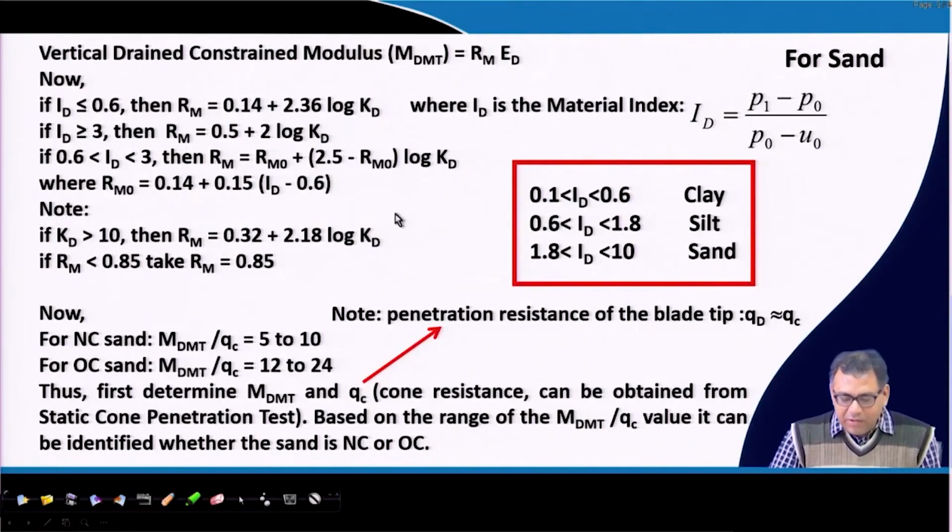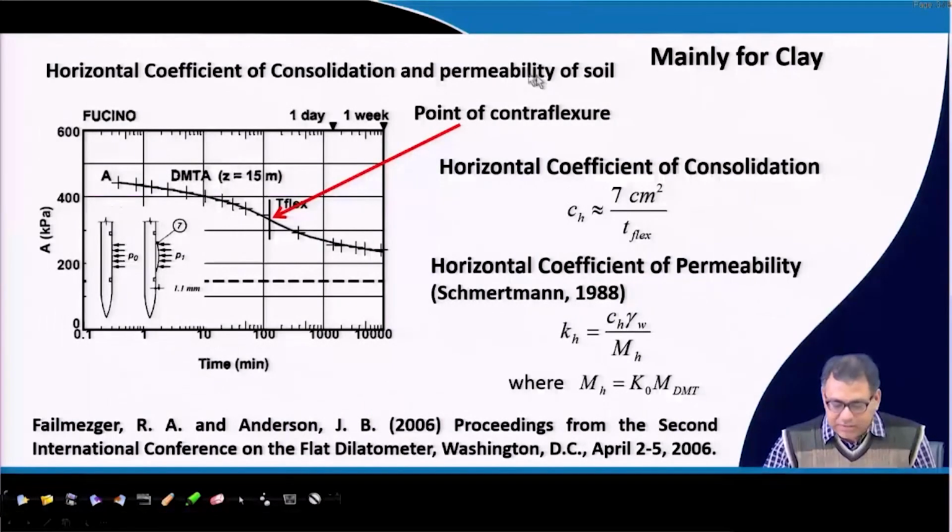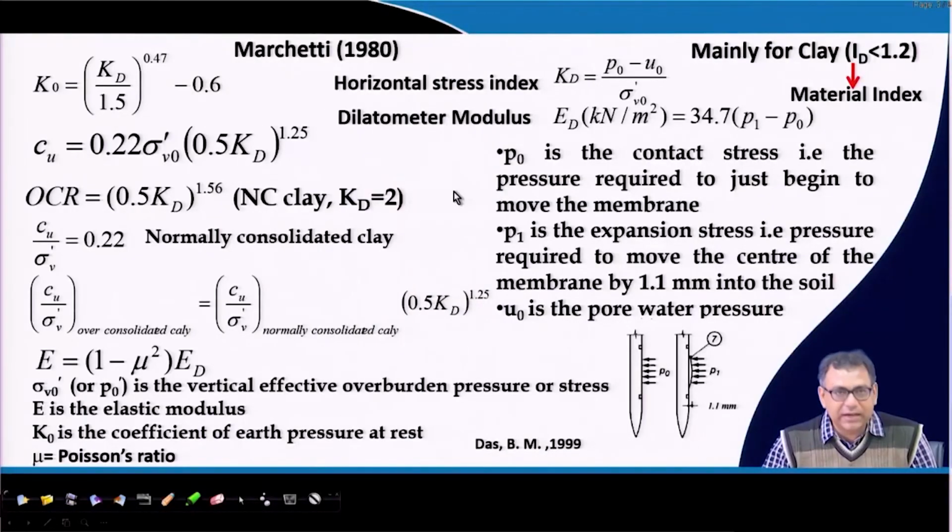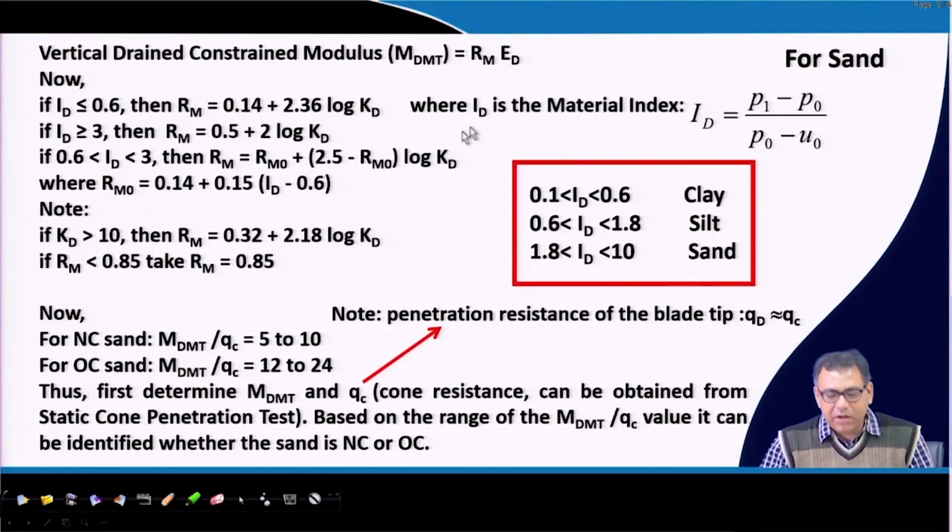Okay. Now, I will go for the sand part. These previous correlations are valid for the clay, mainly clay. Now, if your ID is greater than 3, which is basically sand, then RM can be obtained by using this expression.